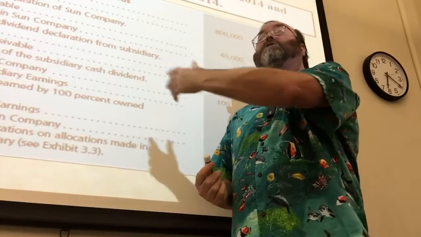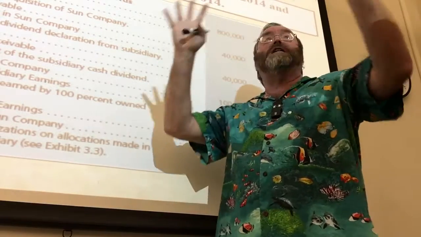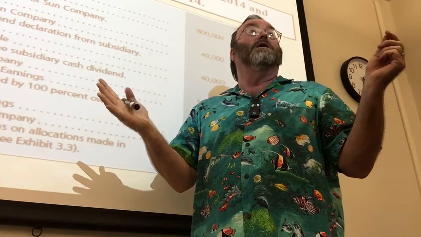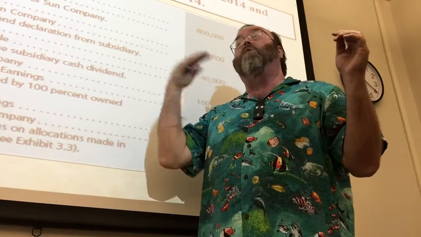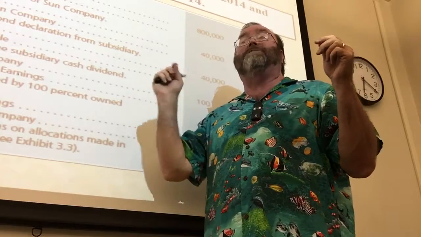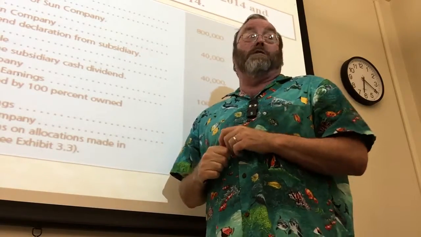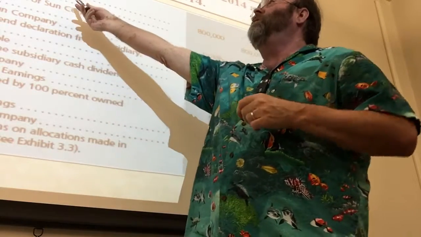That's a generic account. It doesn't matter how many different stocks you buy in those accounts. When you start investing more than 20%, you specifically identify in your general ledger what the subsidiary is. In this case, it's Sun Company.